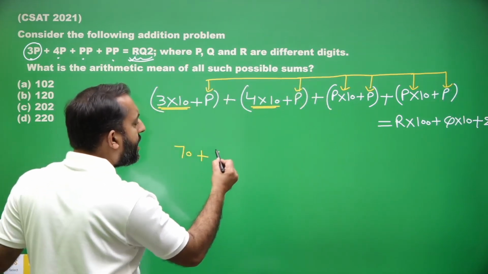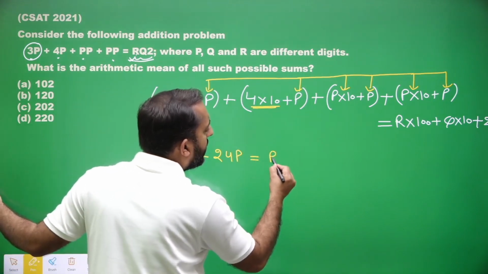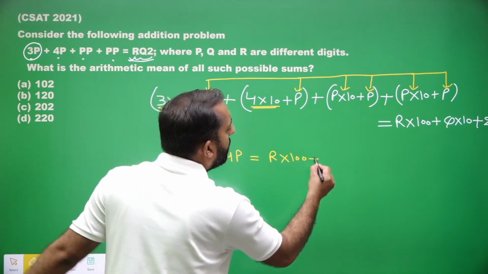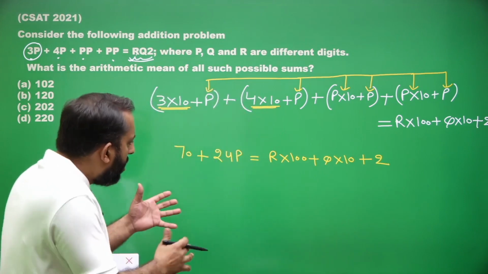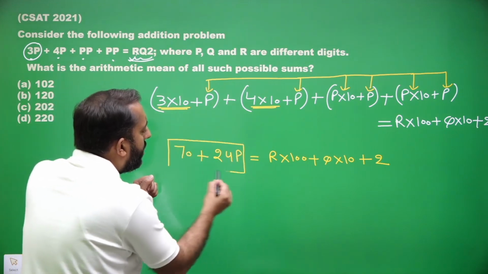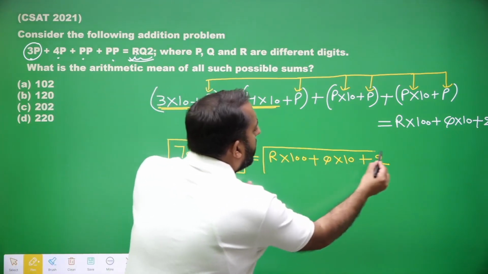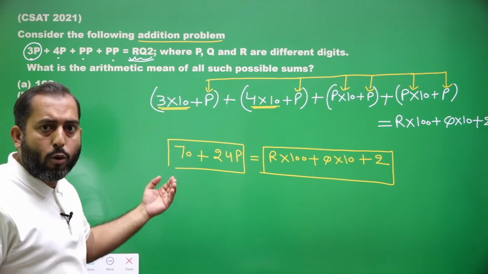So on the left hand side we are getting 70 plus 24p, and on the right hand side we are getting r into 100 plus q into 10 plus 2. Now this is what? This is the result of the given addition problem. Both of these are equal to each other.